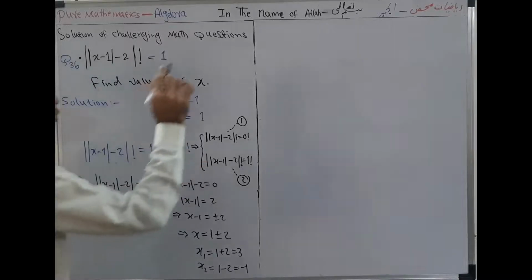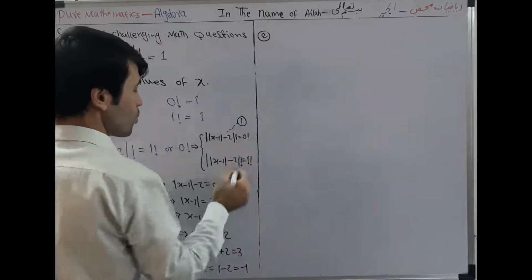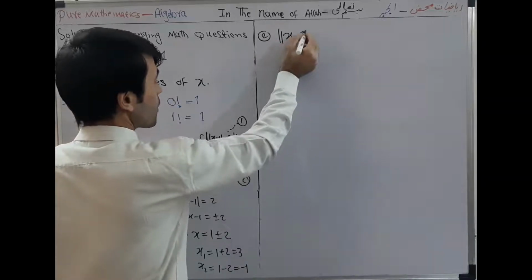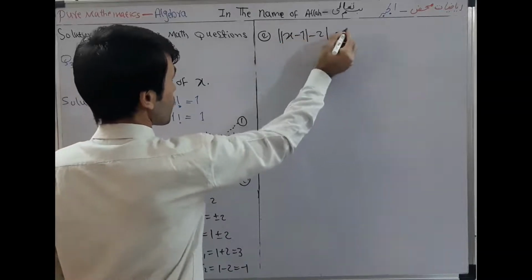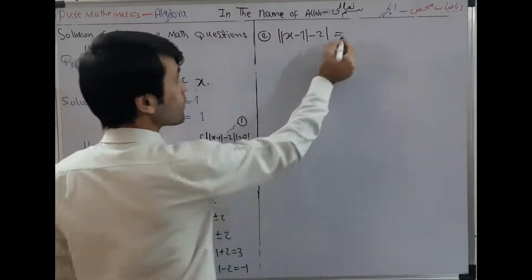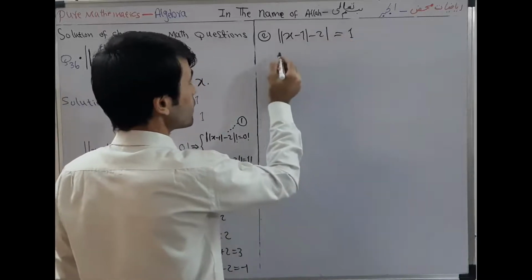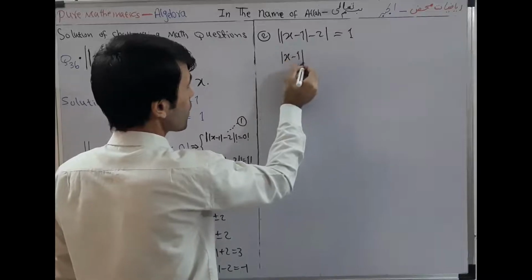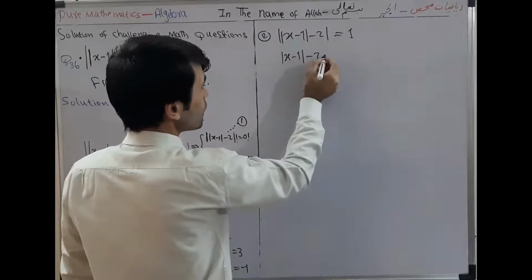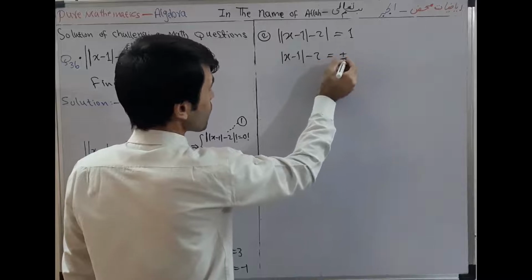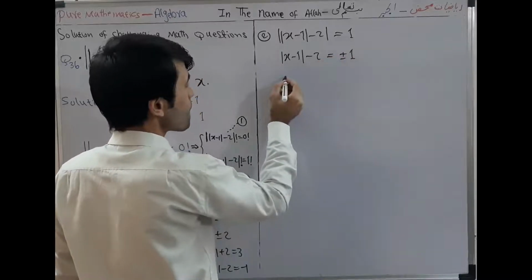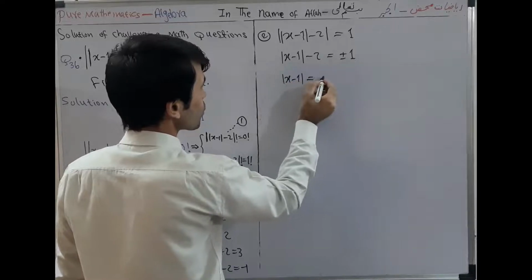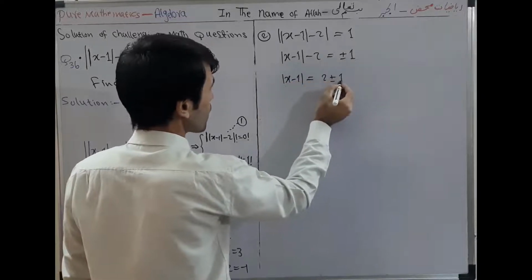Second one, we want to solve from equation 2: the absolute value of x minus 1, minus 2, is equal to 1. Now we can write the absolute value of x minus 1, minus 2, is equal to plus or minus 1. Here the absolute value of x minus 1 is equal to 2 plus or minus 1.